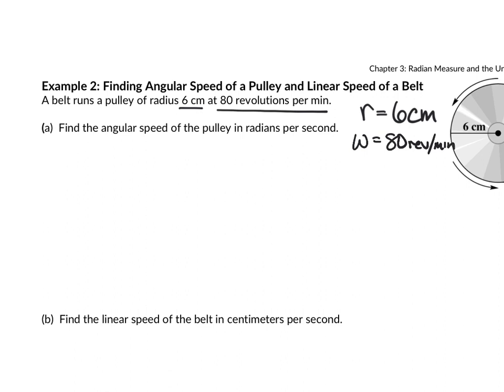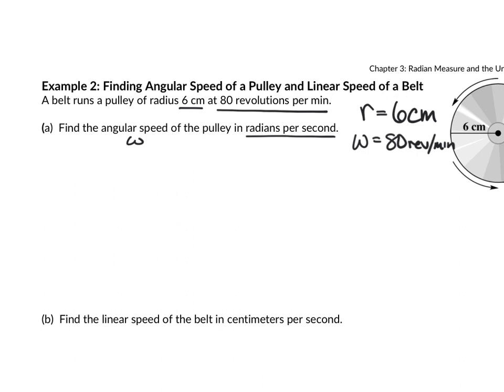Earlier in the notes, I said that omega would be measured in radians per unit time. It could also be measured in revolutions per unit time. But this question, part A, wants us to find angular speed, which is omega, but in terms of radians per second, back to what's normal for us.